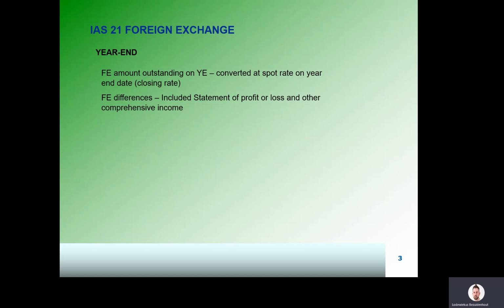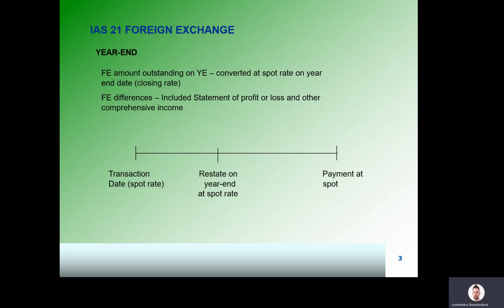And then we compare that with what we have in the books already. If we owe less, the rate decreased, then we will have a foreign exchange profit. If we owe more, then we adjust what we have in the books and we will have a foreign exchange loss.